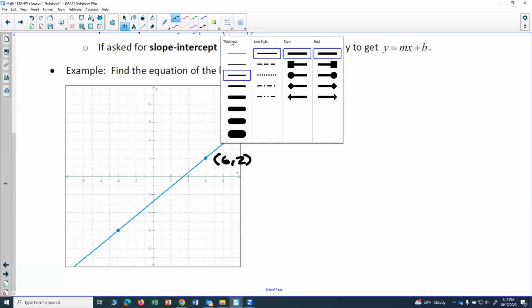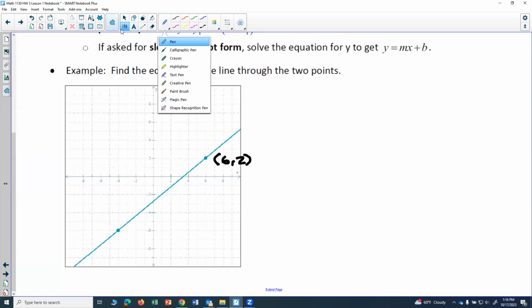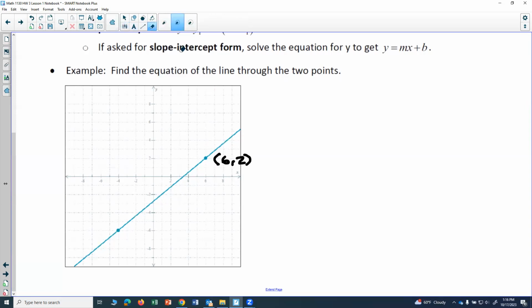Let me adjust my pen. Okay, so I'm going to go ahead and write in the point (6, 2). And then the other point down here, the x is -4 and the y is -6. So that's the ordered pair (-4, -6).